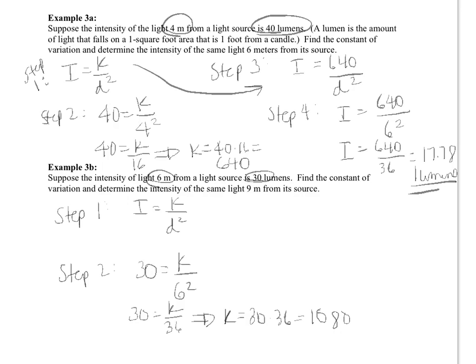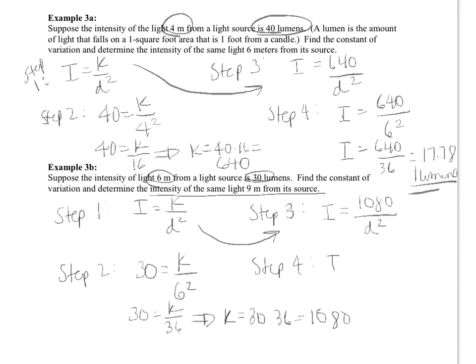That's our K value. So in step 3, we're going to use the equation from step 1 and plug in our K value. And then step 4, we're going to solve for our intensity, because they want to know the intensity of the same light 9 meters from its source this time.